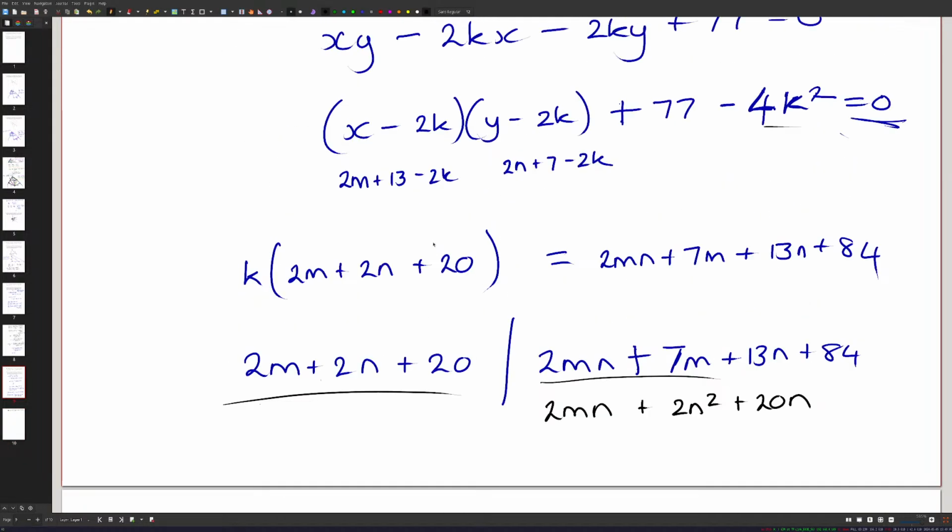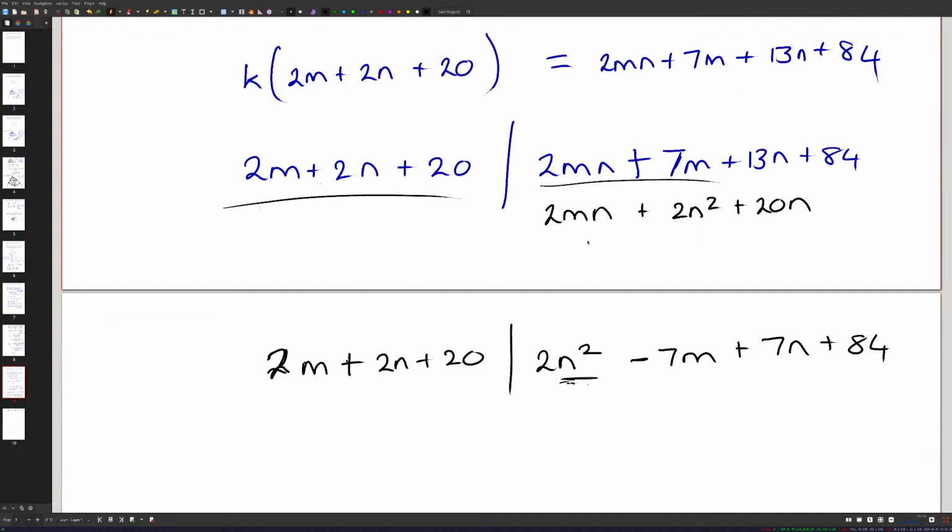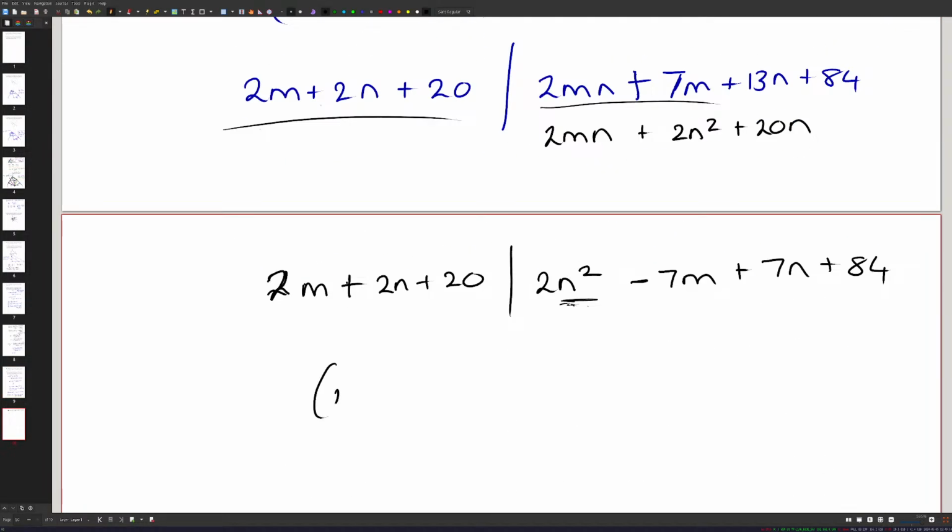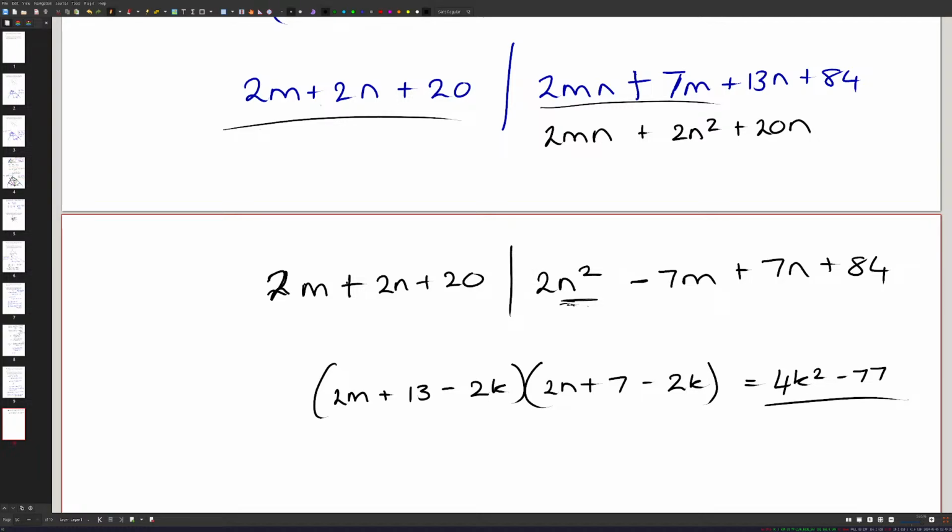If we go back to, with a lot of effort earlier, we got 2m plus 13 minus 2k times 2n plus 7 minus 2k is equal to 4k squared minus 77. And we just need this to be positive. 4 times 4 squared is only 64, not big enough.